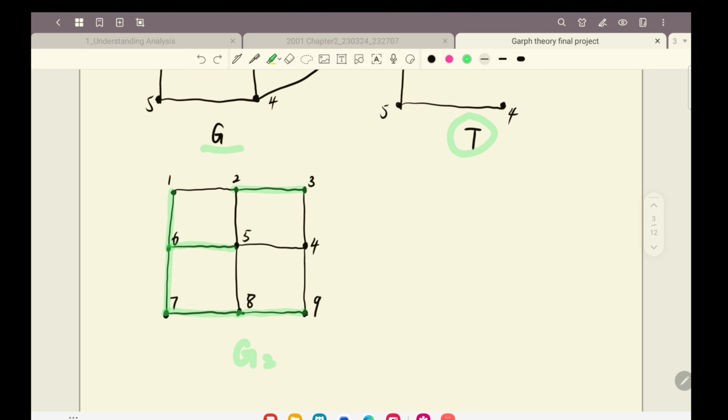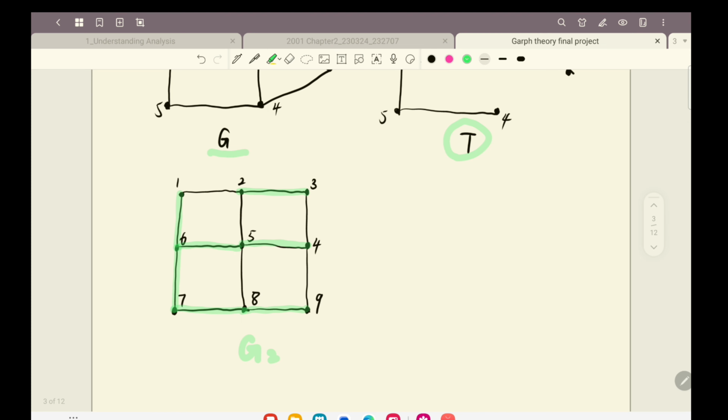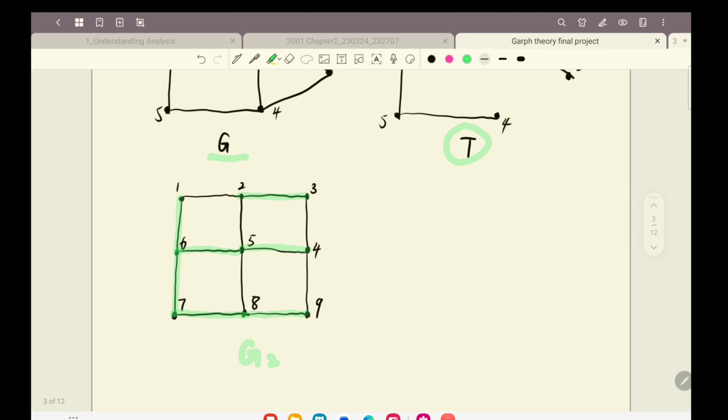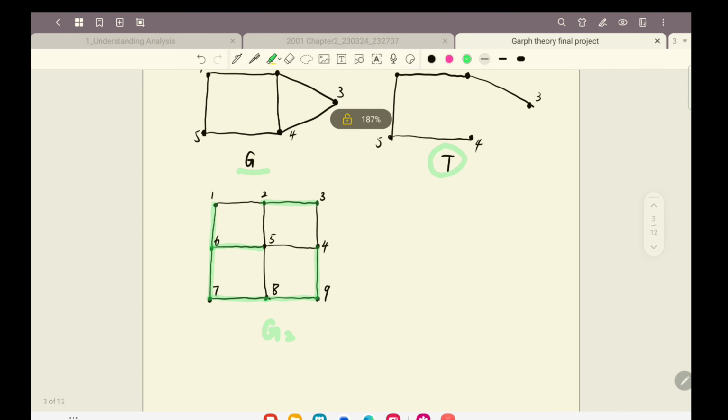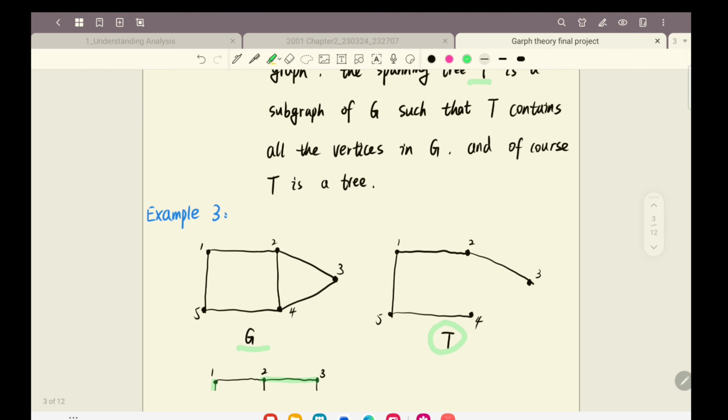So we can also connect 5 to 4, and that's it. We connected all the vertices and there's no cycle. It can also be drawn this way, and this way, right? There are multiple methods to draw the spanning tree in this graph. So that's the idea of spanning tree.